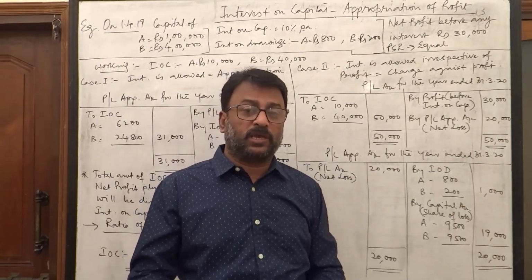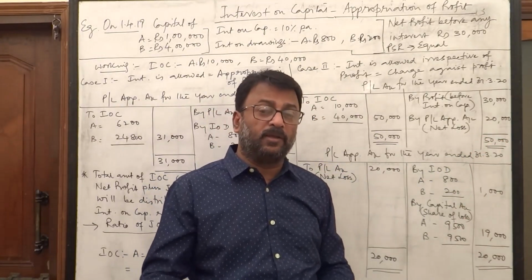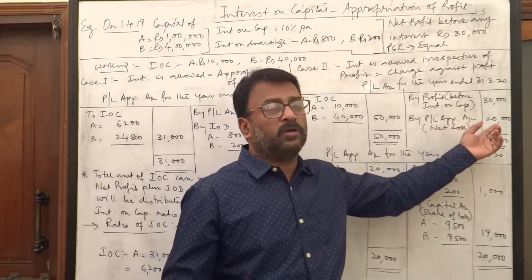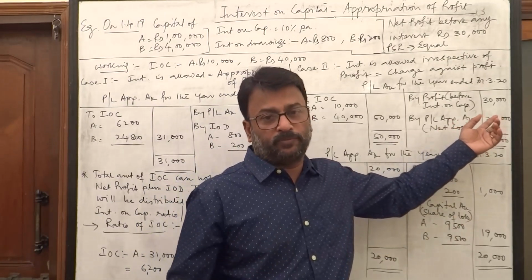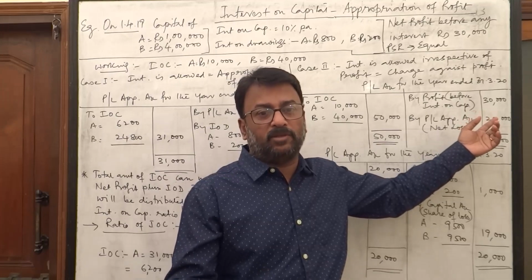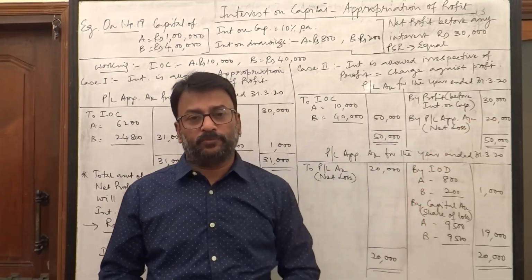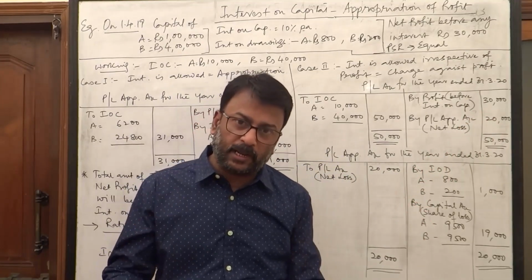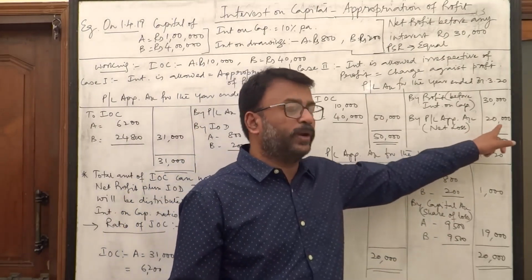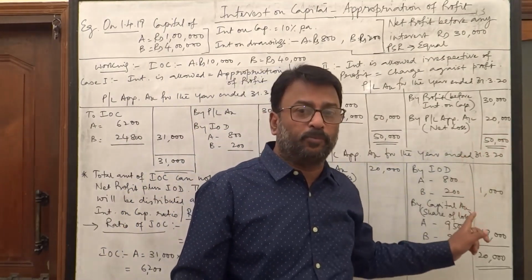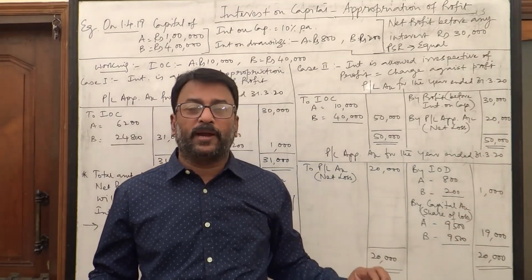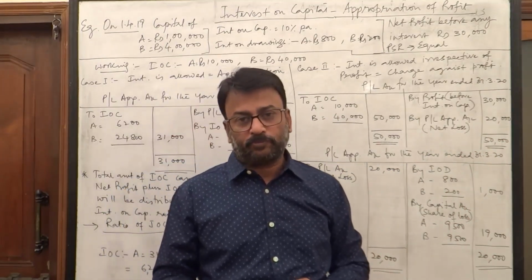Since in this case interest on drawing is there, that is why you cannot stop your sum here. You have to carry this to PL appropriation account. Again I repeat, why are we carrying this 20,000 rupees to PL appropriation account? The reason is interest on drawing.